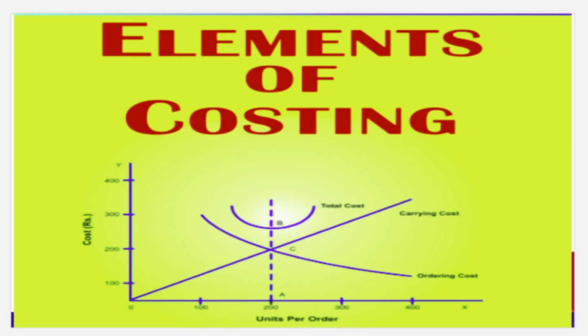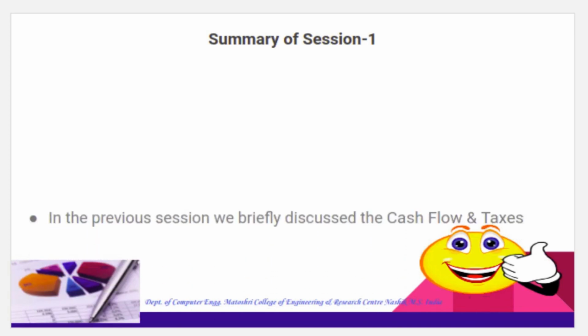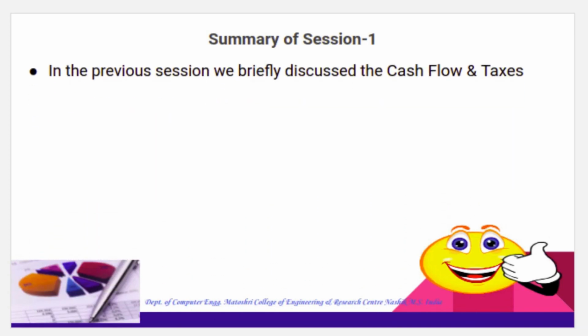Next, we will take a quick review of our previous session. In Unit 6, Understanding Cash Flow and Taxes, we briefly discussed the cash flow statement that reveals the causes of changes in the cash position of the business concerned between two dates of balance sheets. After that, we learned the causes of depreciation, which are broadly categorized into two parts.